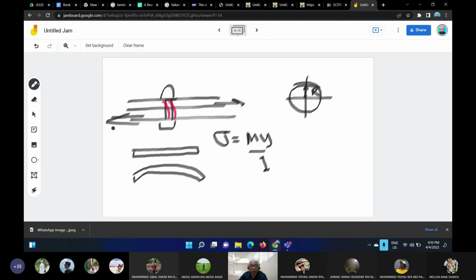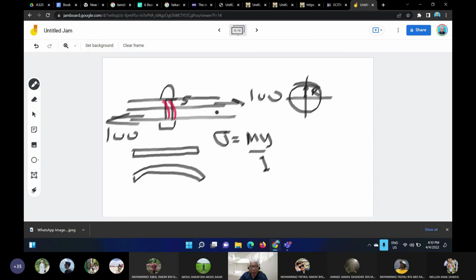Moment is a force times distance. Say we have 100 Newton here and 100 Newton here. The thickness of the plate here is 10 mm, so the bending arm will be 5 mm.